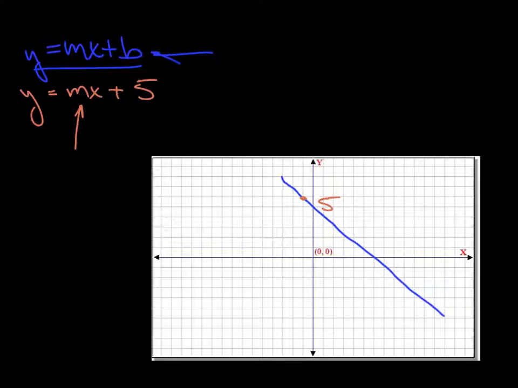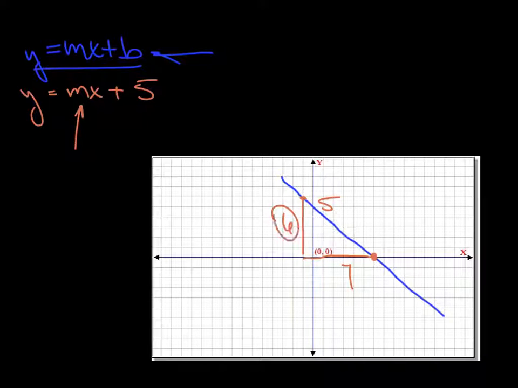Let's choose this one right there, and then I'm going to draw a triangle. Now I'm going to take how far it is from here to here: 1, 2, 3, 4, 5, 6. And from here to here: 1, 2, 3, 4, 5, 6, 7.